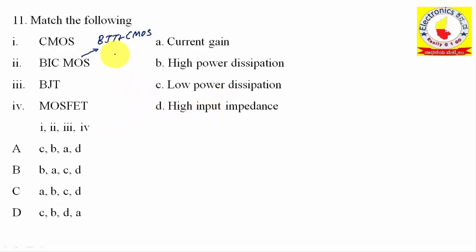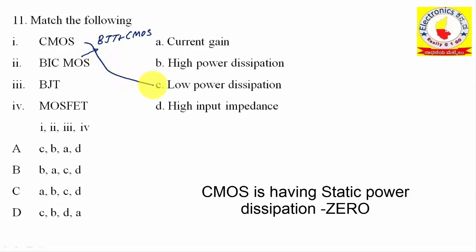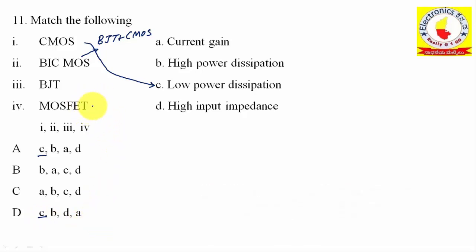We know that CMOS will have low power dissipation, so A and D. In the case of MOSFET, it will have high input impedance, nothing but D, right? So based on this I can tell option A is correct.